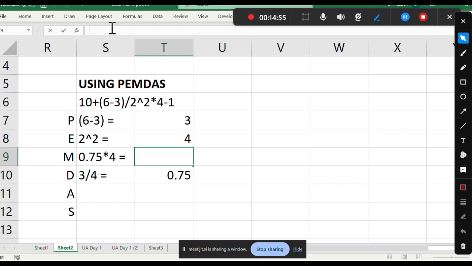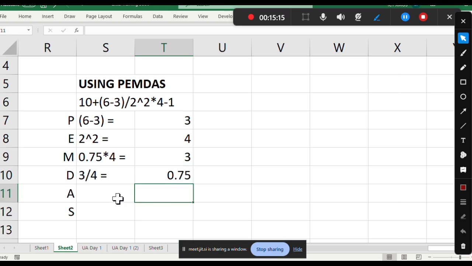So 0.75 times 4 will give us what? You can see 0.75 times 4 will give us 3 again. Do you see that?